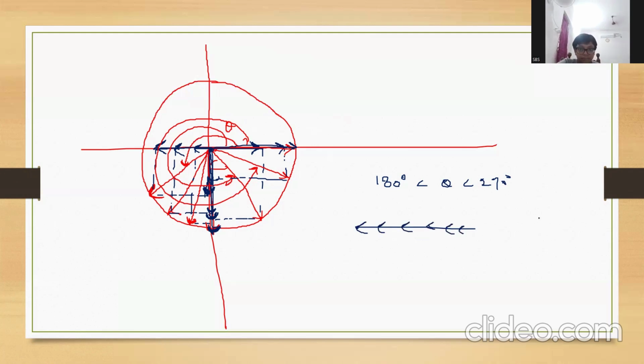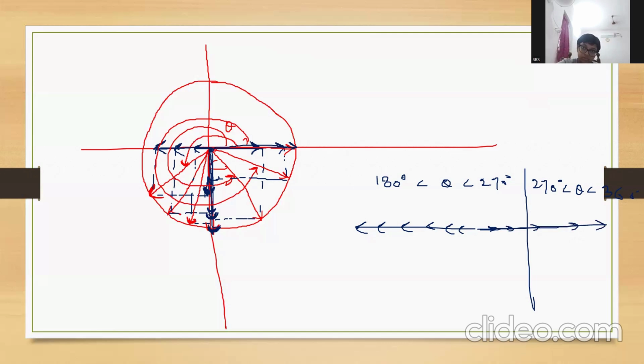Clear? Understood? Yes. On the x-axis, when theta is more than 270 and less than 360, then the projection length is going like this. You can see the projection length is going to increase.